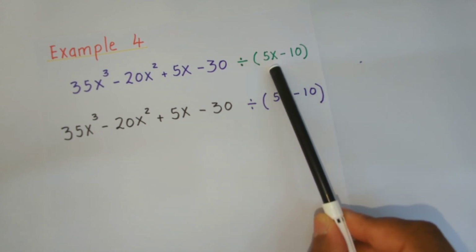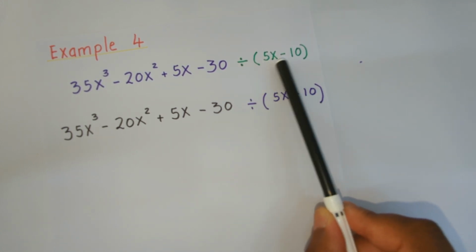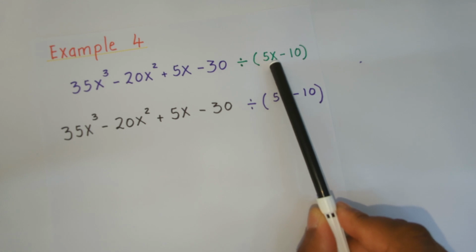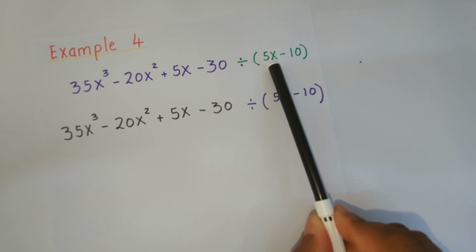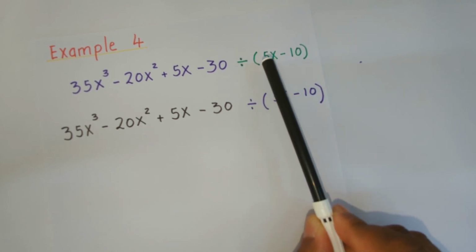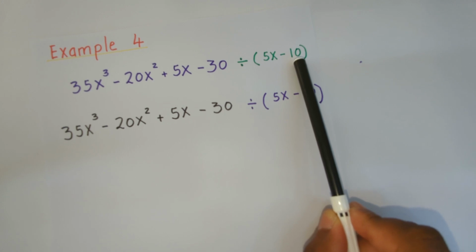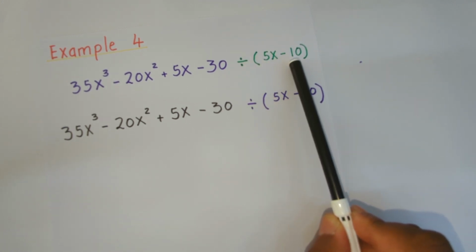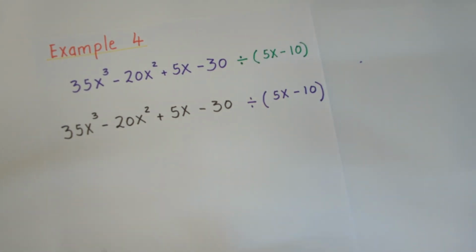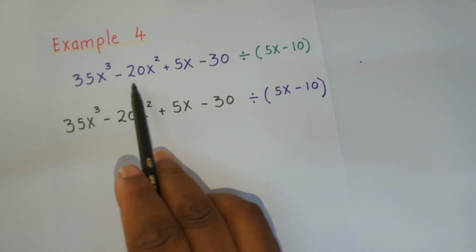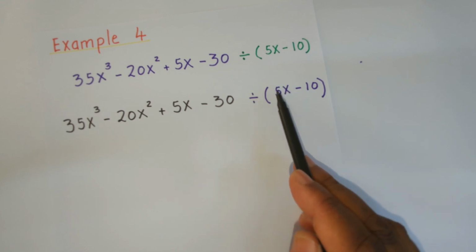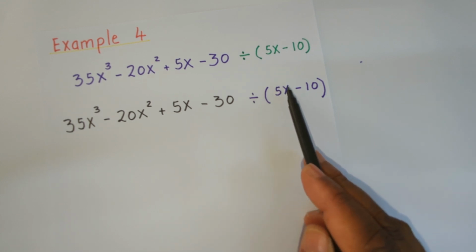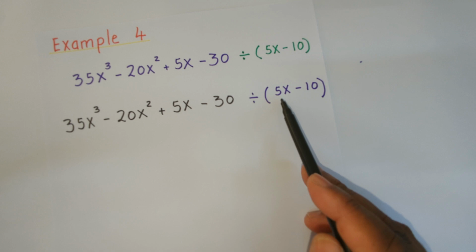And then the next step is to check if the coefficient of x in our divisor is 1. In this case, the coefficient of x in our divisor is 5 because it is 5x minus 10. So what do we need to do? We need to rewrite our polynomial in the same order and divide each and every term by the coefficient of x in our divisor.